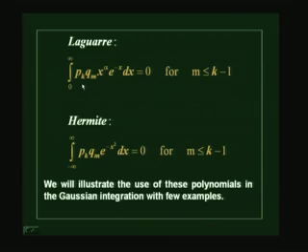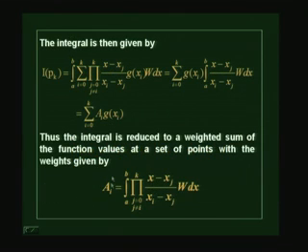So, when you do the integral, we have to first choose the points at which the function has to be evaluated, and then calculate the weights. To calculate the weights, as we just saw, the weight will depend on the limits, and also on the order of the polynomial, and the values at which we have chosen the function to be evaluated, but it does not depend on the function value itself, okay.